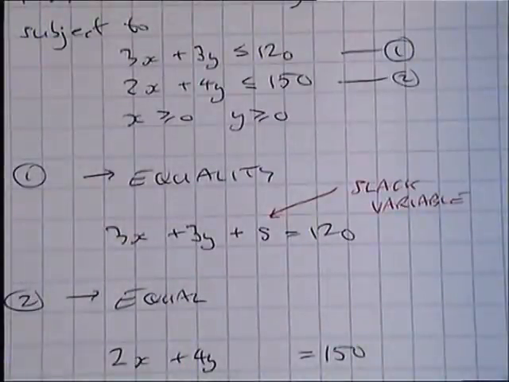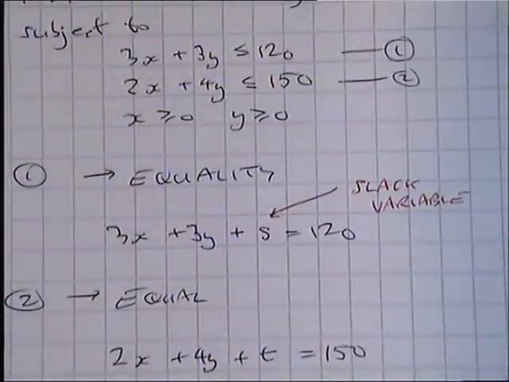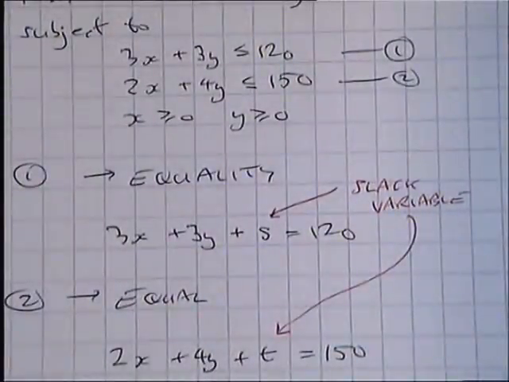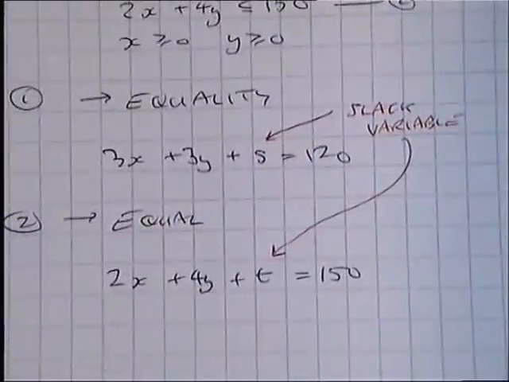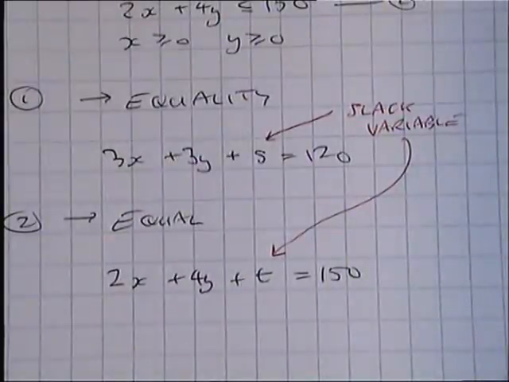S dash. Just think alphabet. After S? T. Okay, we just use T for the next one. So here, that T is another slack variable. Okay? So the first thing we've done then is we have changed from 2 inequalities into 2 equalities. Okay?